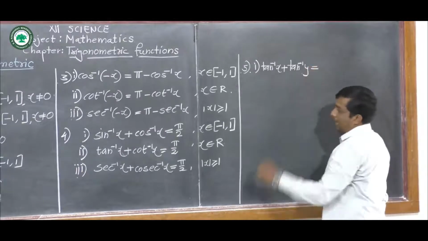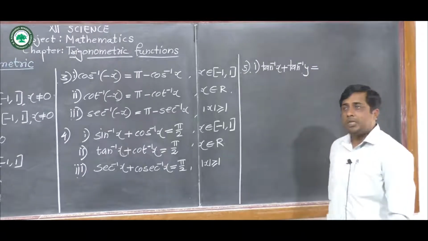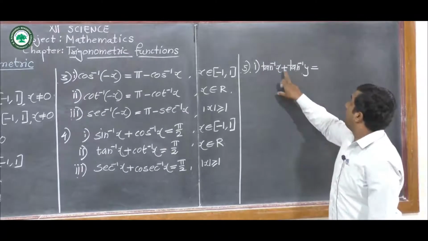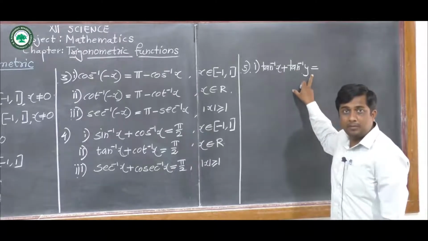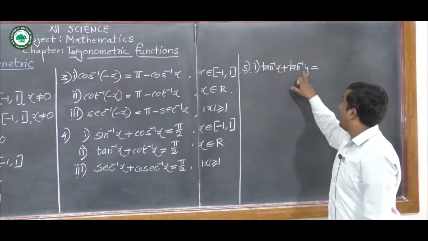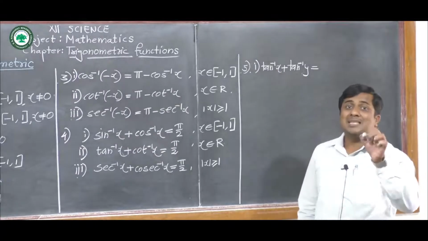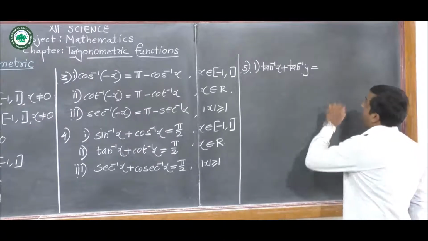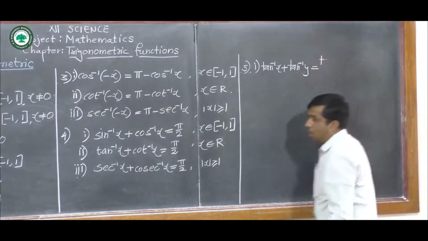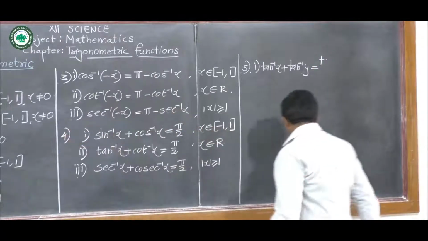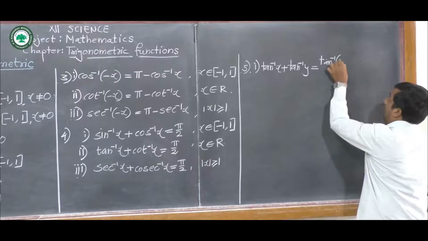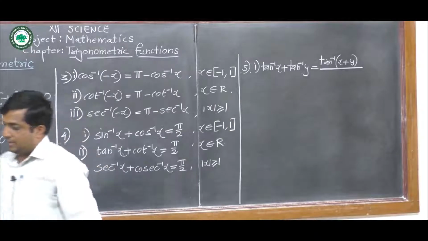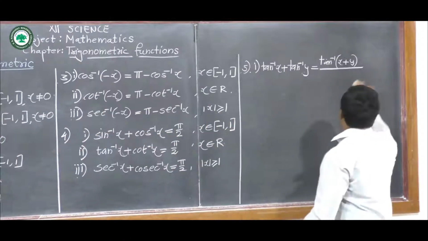This is equal to, now remember, the addition of tan inverse of x and tan inverse of y is given, if the product of x and y is less than 1, then we define tan inverse of (x plus y) divided by 1 minus xy.